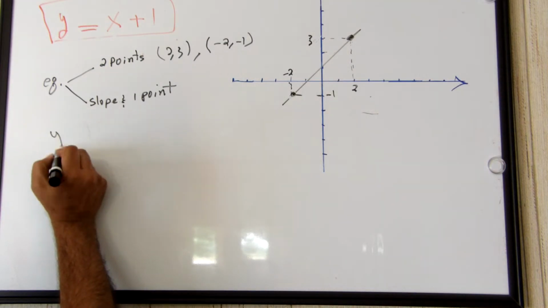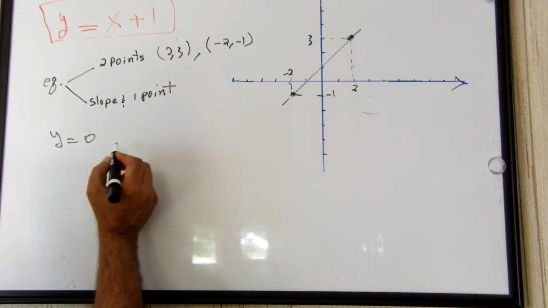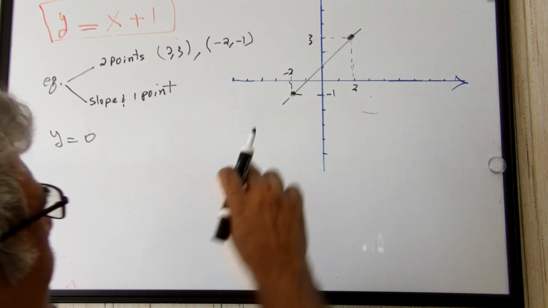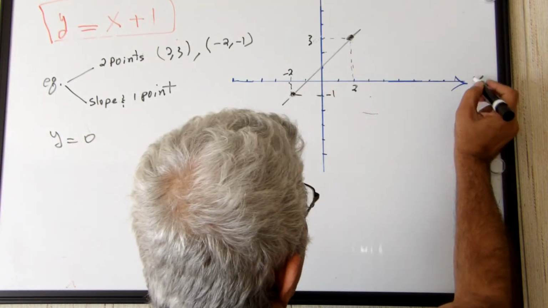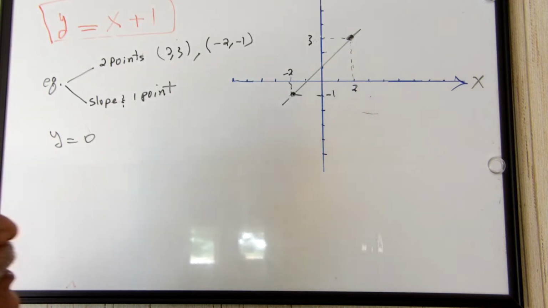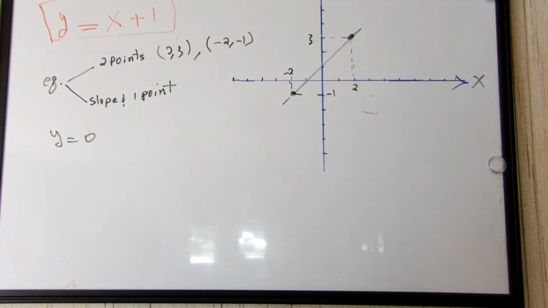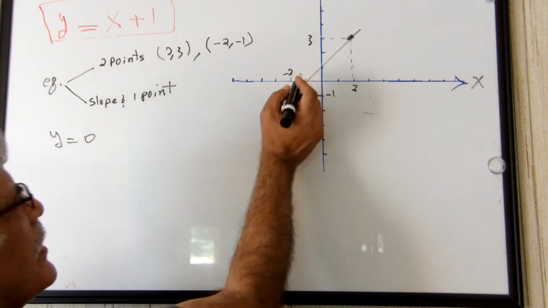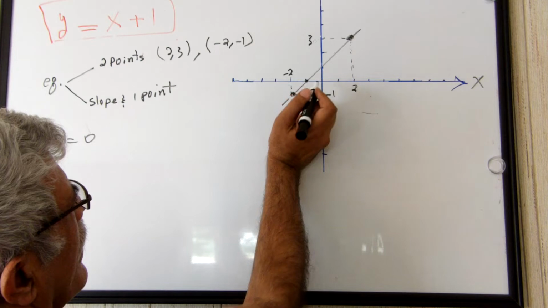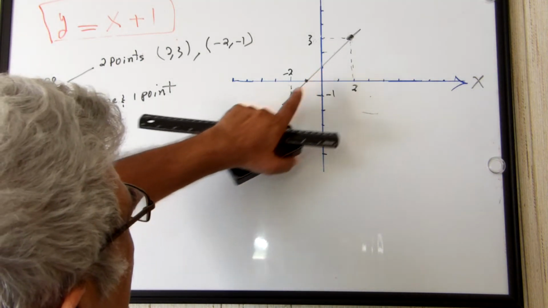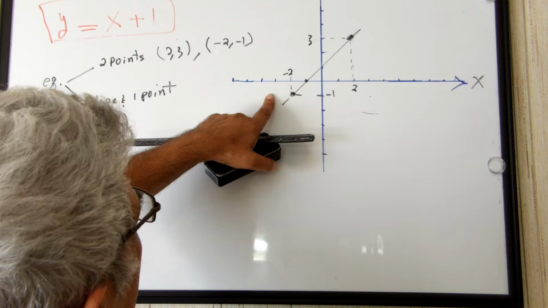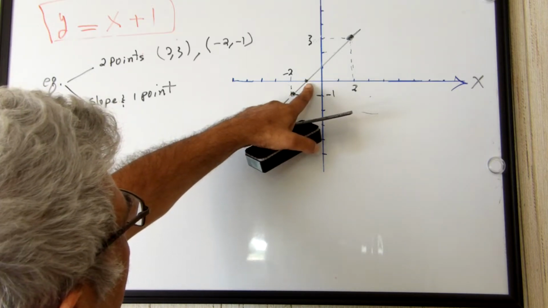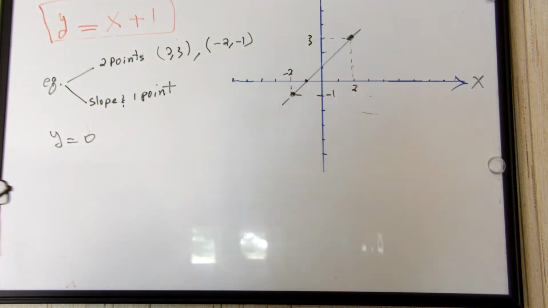If we set y equal to 0, it means we want to find the x where this line intercepts the x-axis. This is the x-axis, this is the y-axis. Where does it intercept? We don't know the point yet.